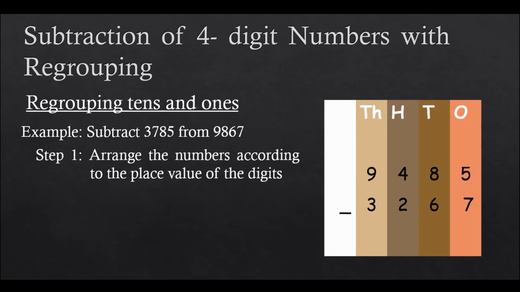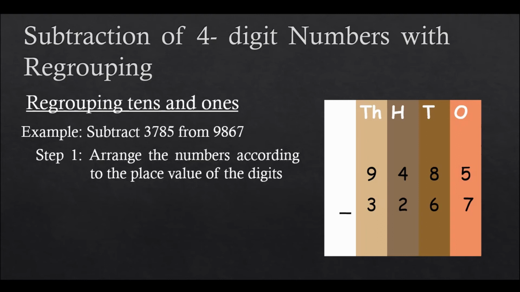We know that it is not possible to subtract 7 from 5 because 5 is smaller than 7. So we borrow 1 ten from the tens place column. In the tens place, the digit in the minuend is 6.